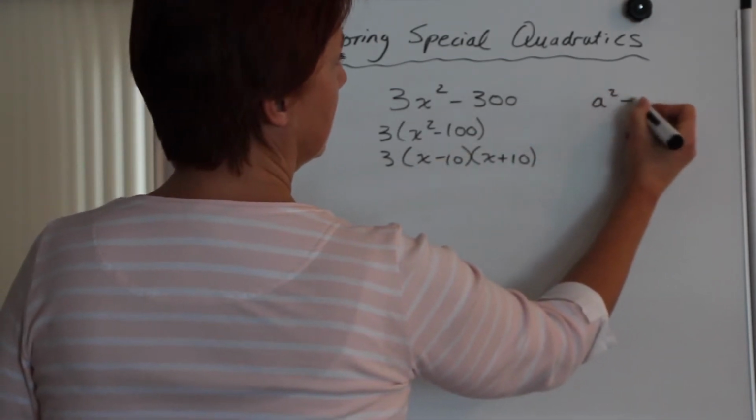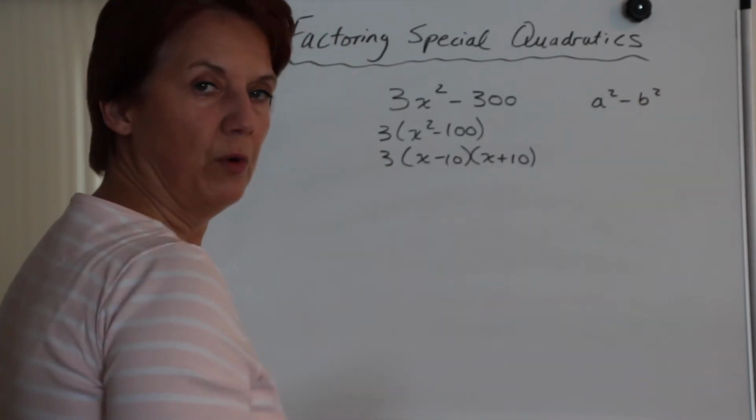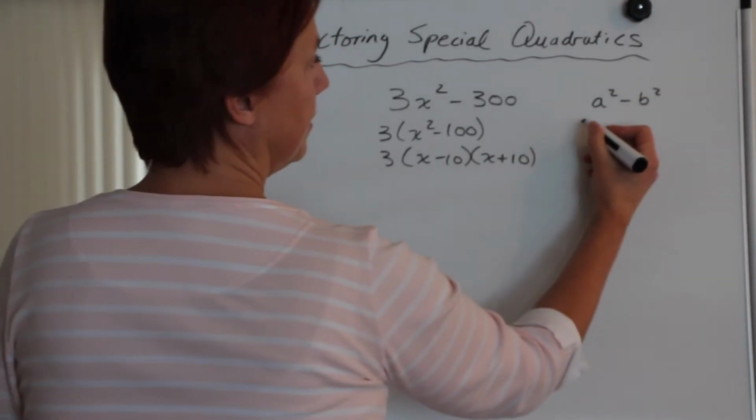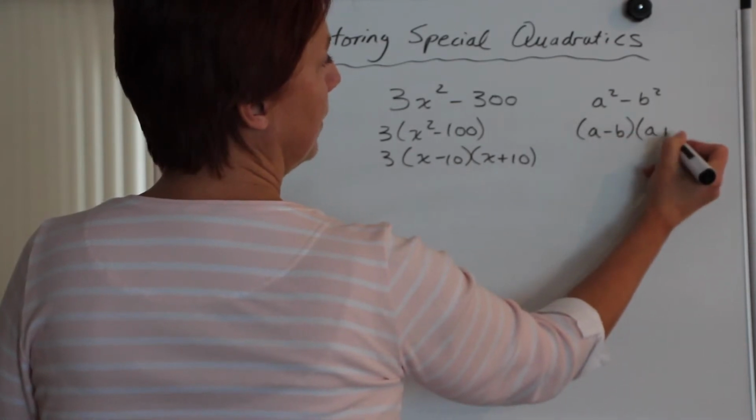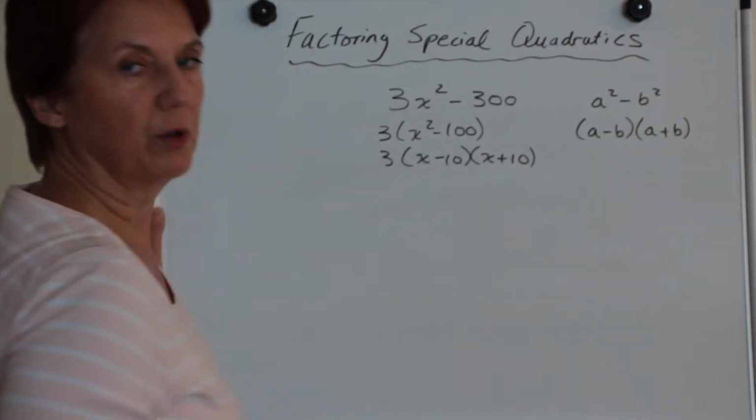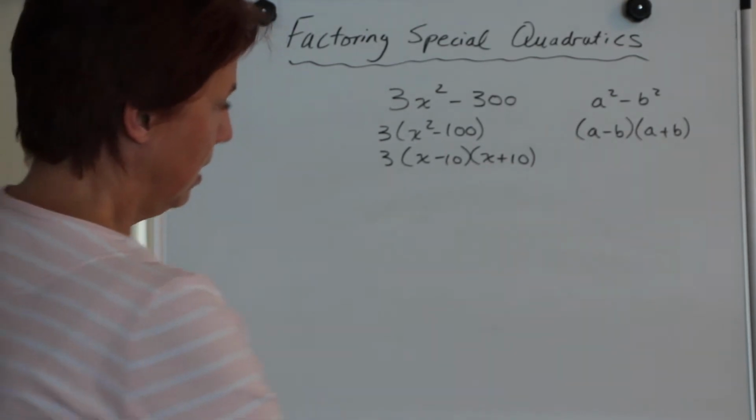So here it is in its general form, a squared minus b squared, or in its universal form, and it factors according to that pattern, okay?